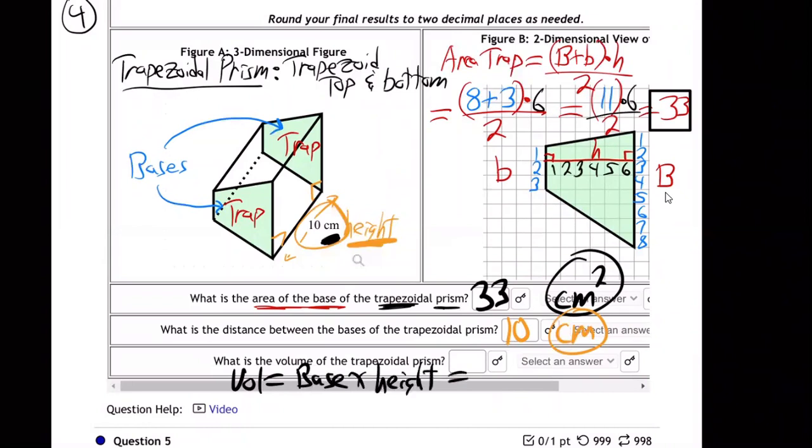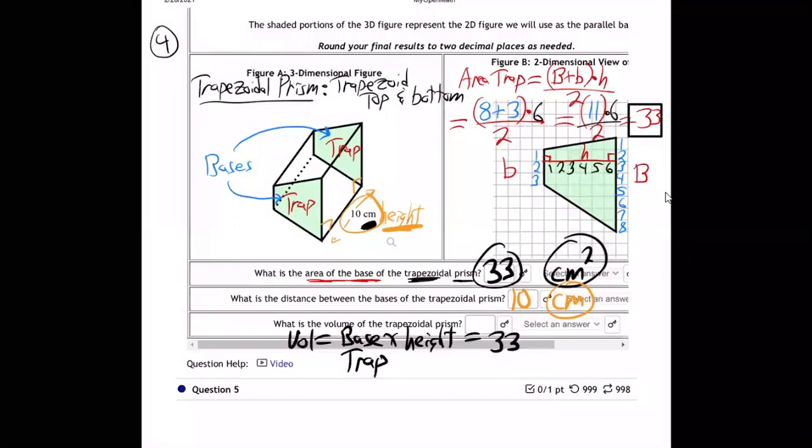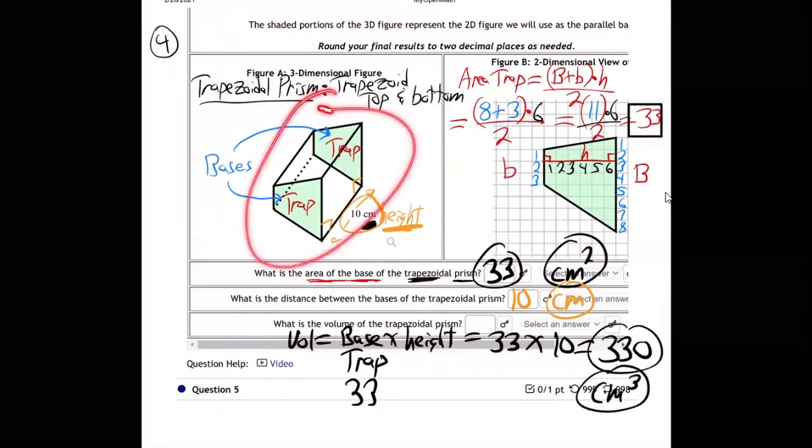What's the ground floor base? Well, that's the 33. We mean the whole trapezoidal base. The base we're referring to now is the whole trapezoid. So that's 33 times, and what's the height? That's the 10. So we get 330, and the units now are cubic, right? Because we're talking about how many cubes would actually fill up this three-dimensional shape. 330 centimeter by centimeter by centimeter cubes. There we go.